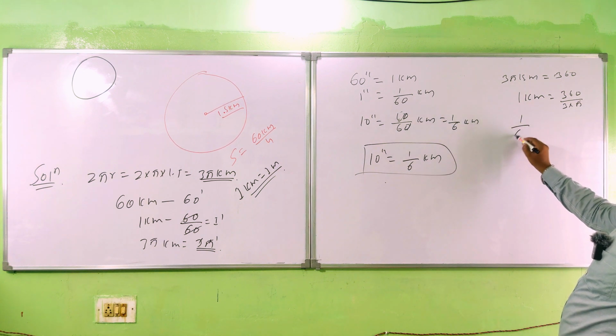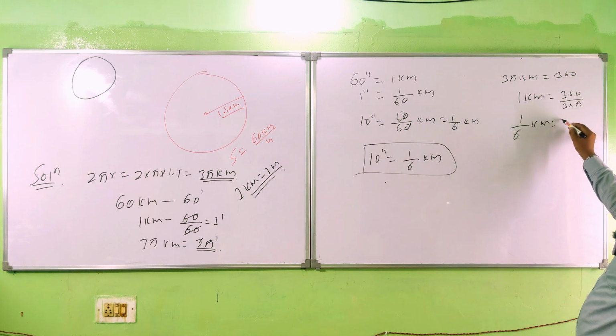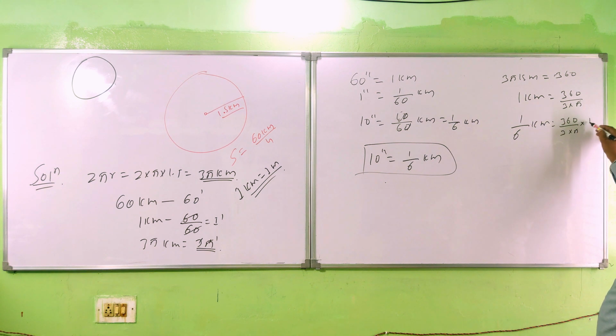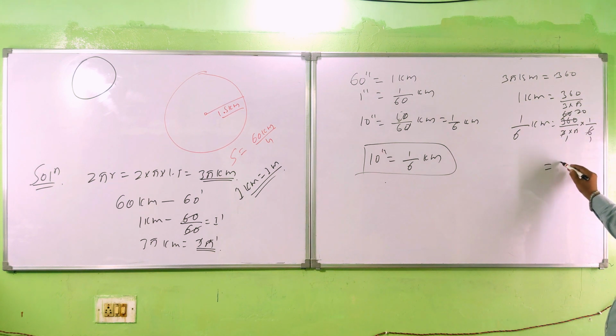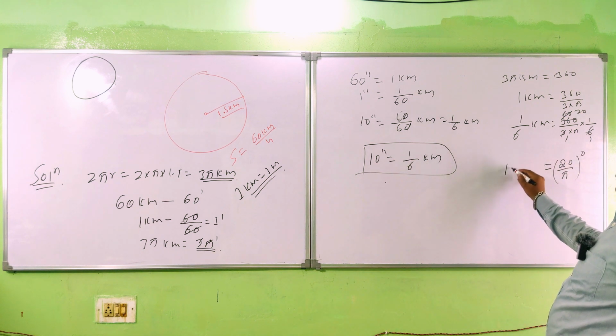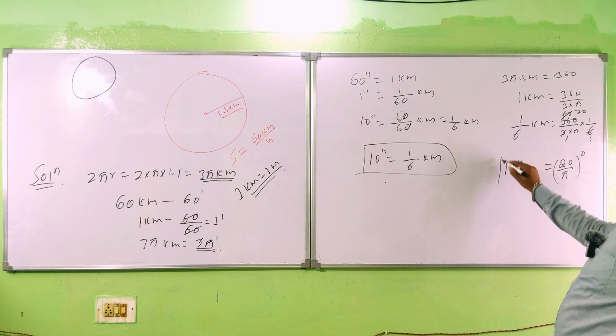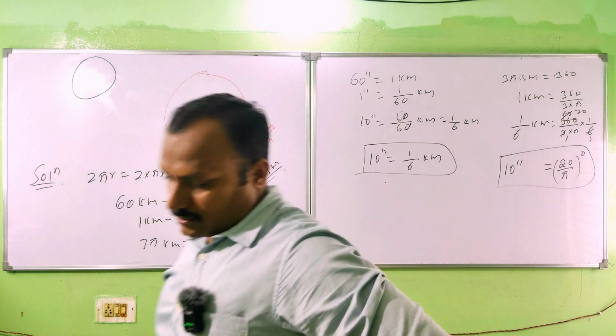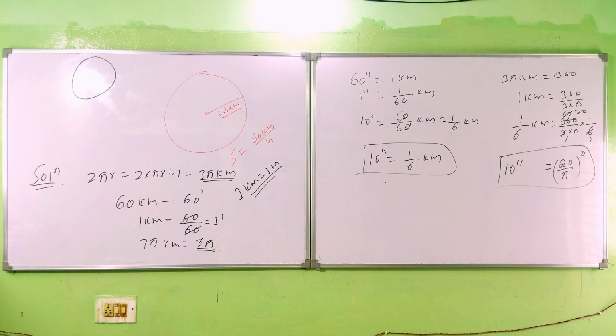For 1 by 6 kilometer, it should take 360 by 3 into pi into 1 by 6. This is 20 by pi degree for 10 seconds. In 10 seconds it moves 20 by pi degree. The correct answer is that one.